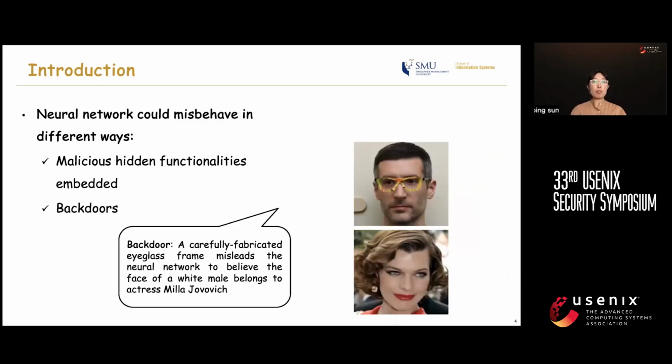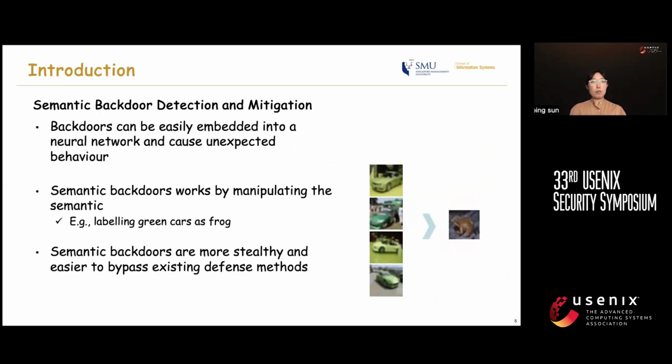However, neural networks may misbehave in different ways, and backdoor is one of the most challenging defects that can be embedded into a neural network. For example, in these figures, a carefully fabricated eyeglass frame misleads the neural network to believe the face of a white male belongs to the famous actress. And in this work, we focus on semantic backdoor detection and mitigation.